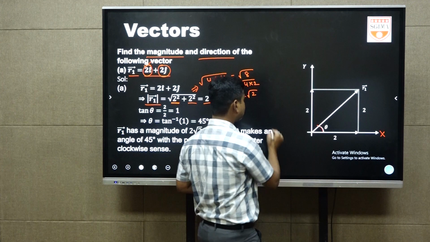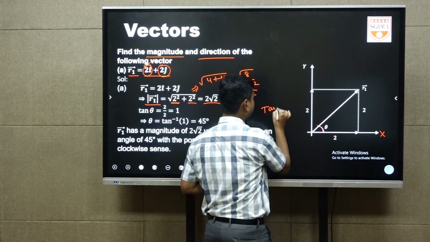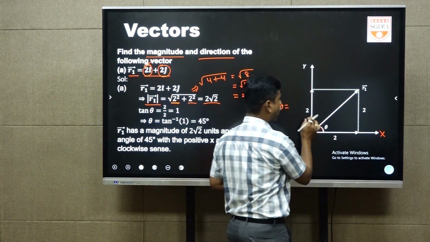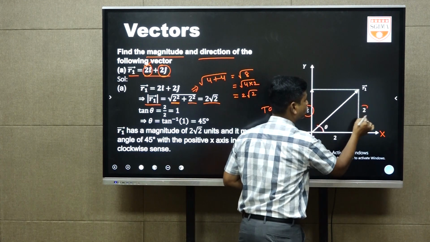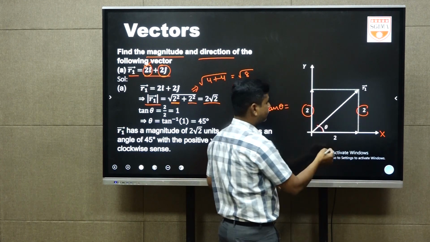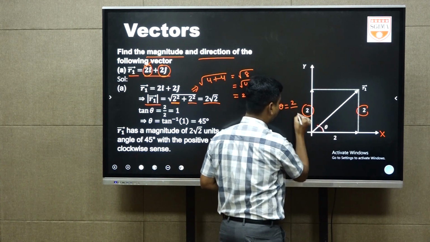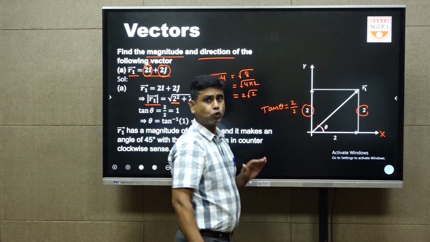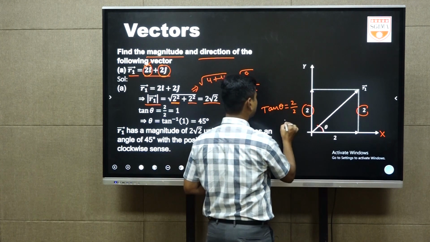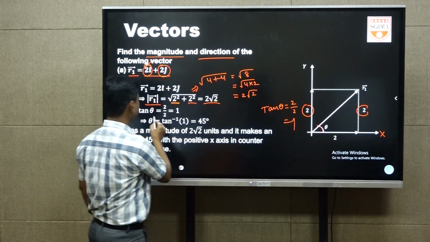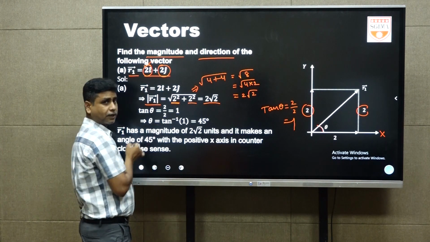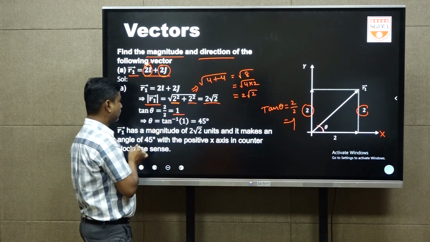Then a right angle triangle is formed. Tan theta equals opposite upon adjacent. The opposite value is 2 and the adjacent value is also 2, so 2 by 2 equals 1.